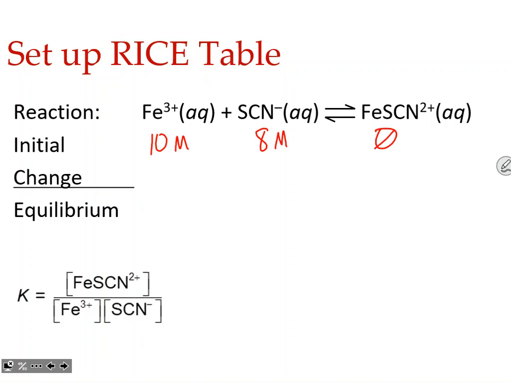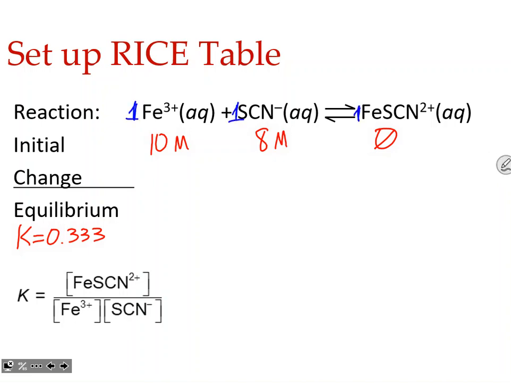And we know K. That's the other thing we know. K is equal to 0.333. Now, obviously this is still a 1-to-1-to-1, so our change is going to be the same.